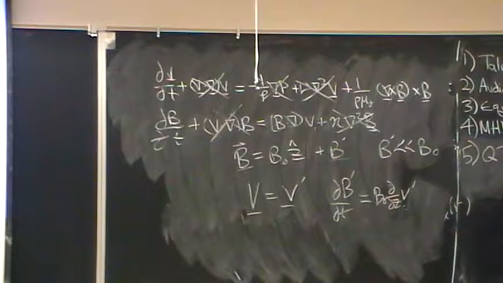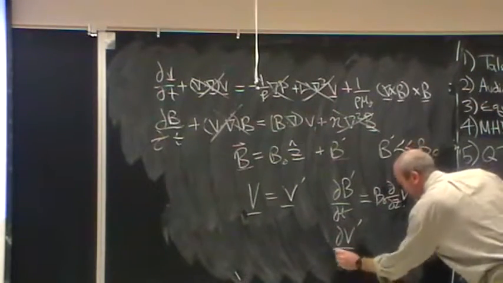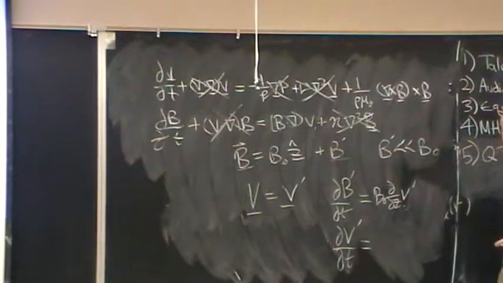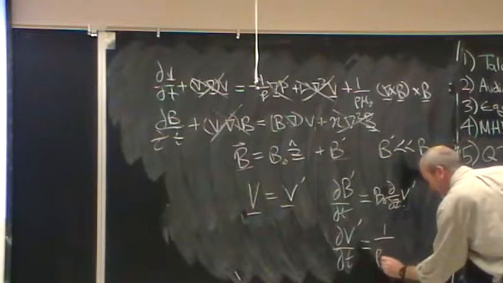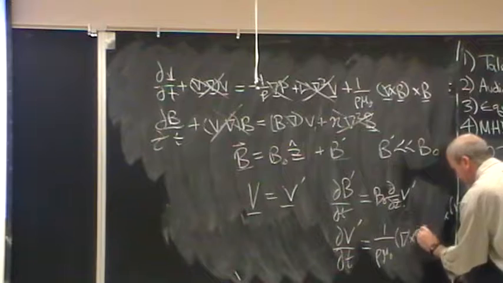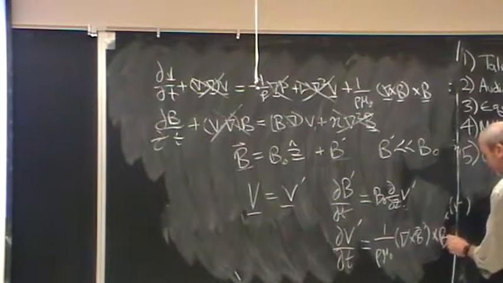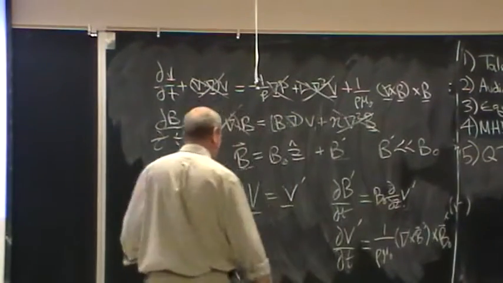Like lots of surgery. And then the velocity field, so we've got dv prime/dt is equal to, and then our background field has no curl, right? Because it's uniform. So that's going to be the perturbed field. So I'm going to end up with a curl of the perturbed field crossed into the background field. Oh yeah, so actually let me just rewrite that one, taking a step sideways.